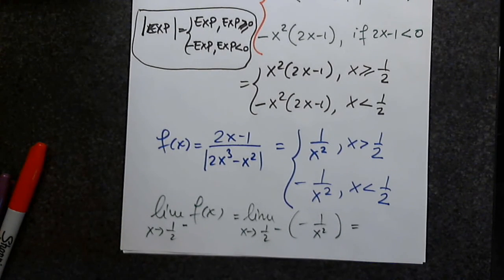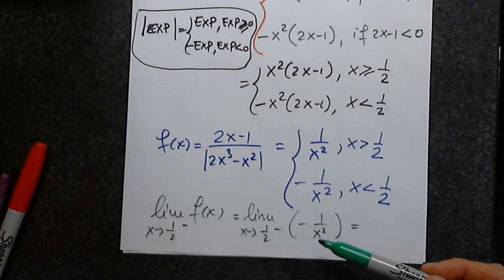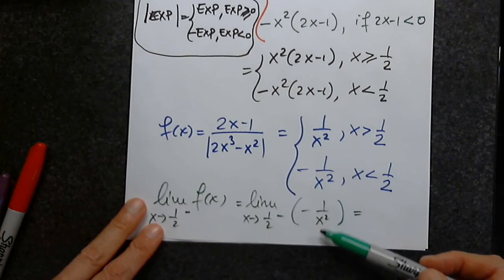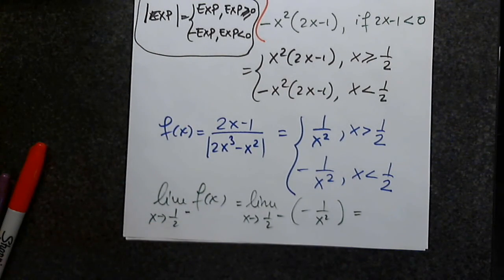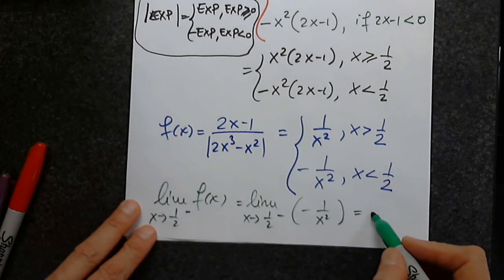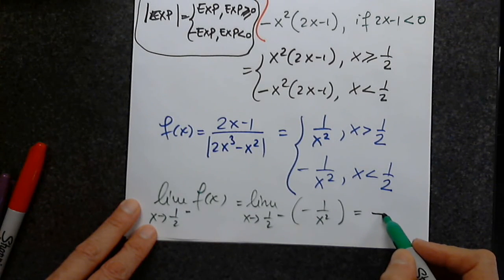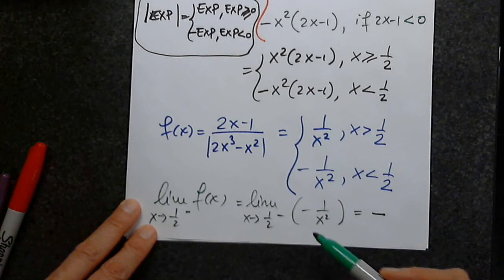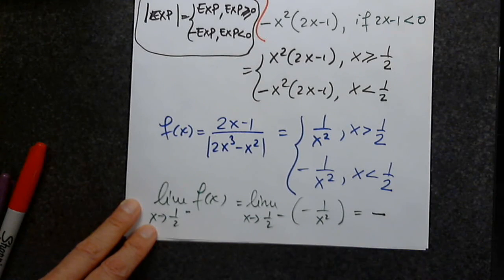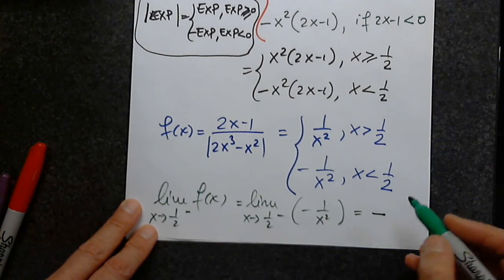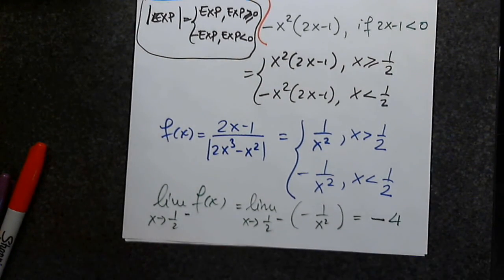What do I get? 1/2 is in the domain, so all I have to do is plug it in. 1/2 squared is 1 over 4, and I have to flip it because I divide. Negative 4.